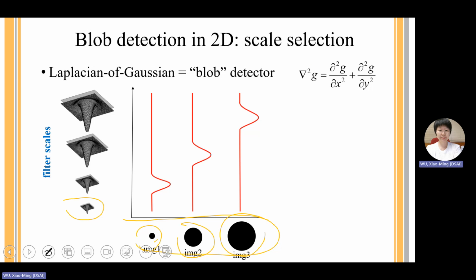You need to apply a series of LOG filters with different sizes. This is similar to increasing the window size in corner detection.